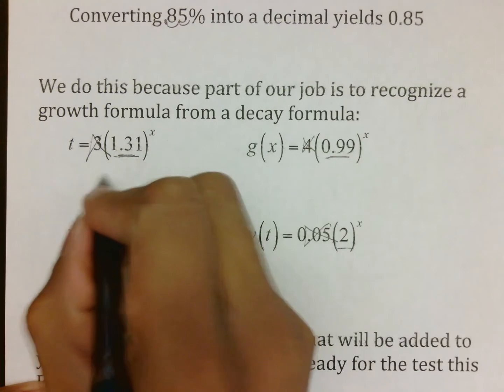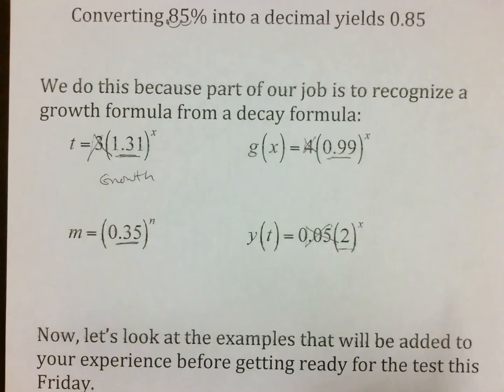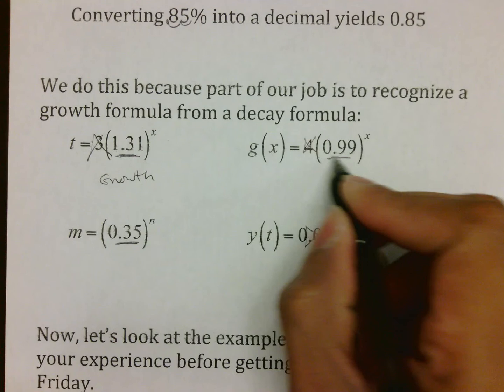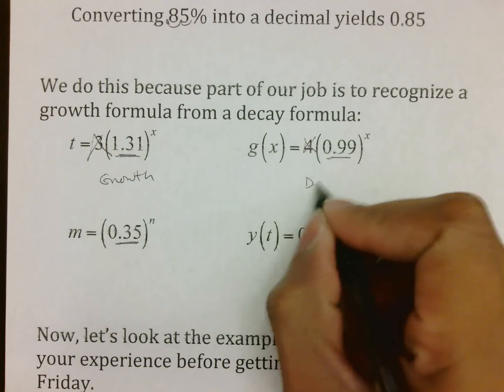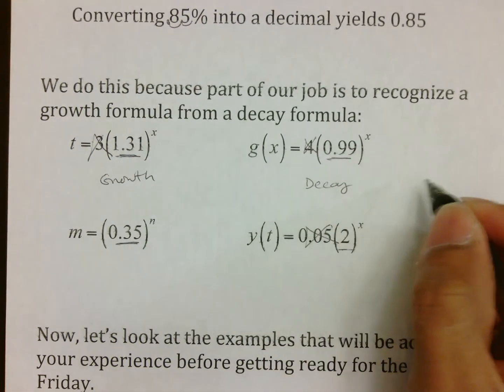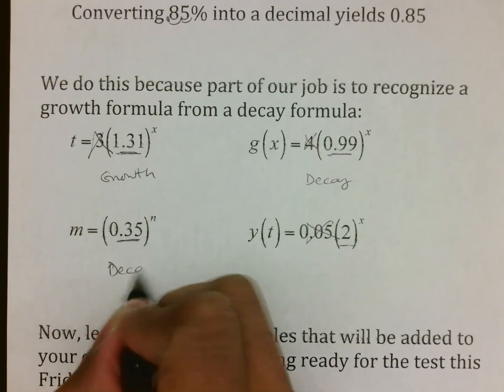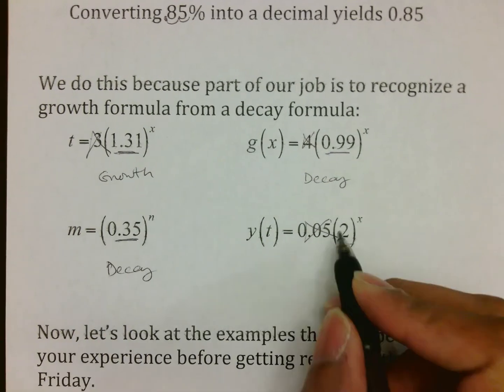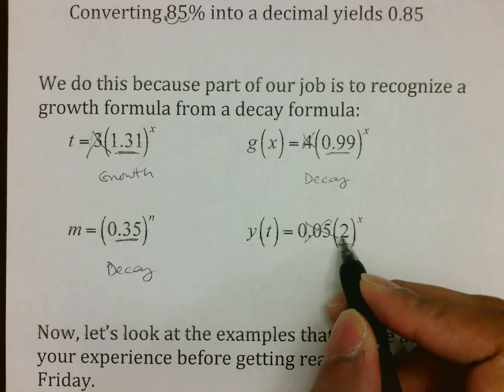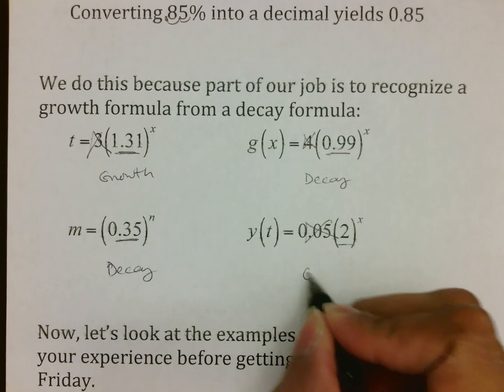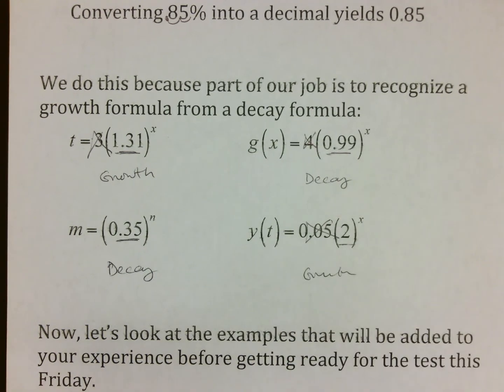This, because it's bigger than 1, represents growth. This, because it's smaller than 1, represents decay. This, also smaller than 1, represents decay. This, 2, is obviously bigger than 1, which represents 100%, which represents growth.